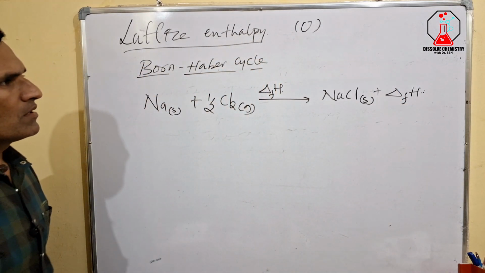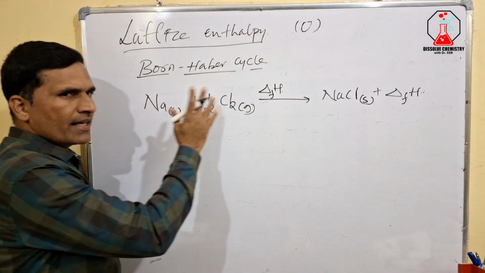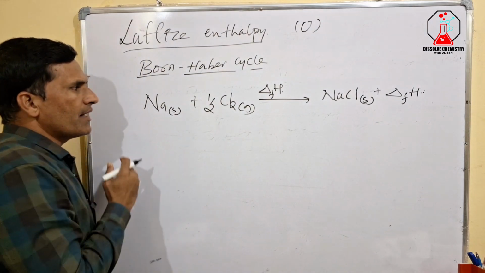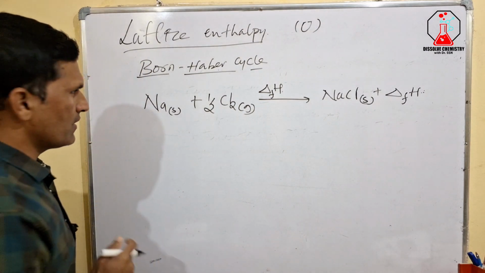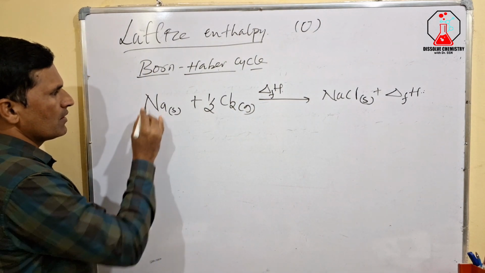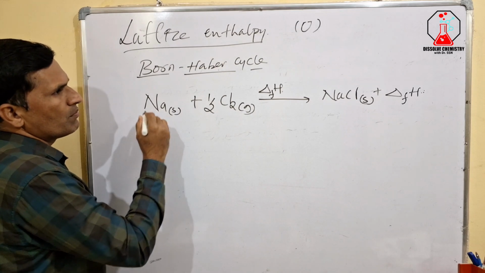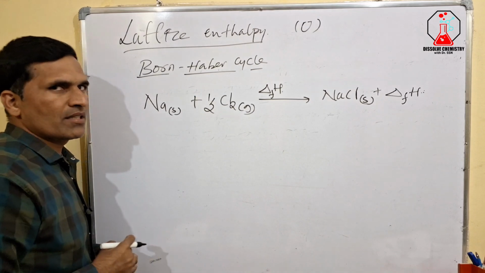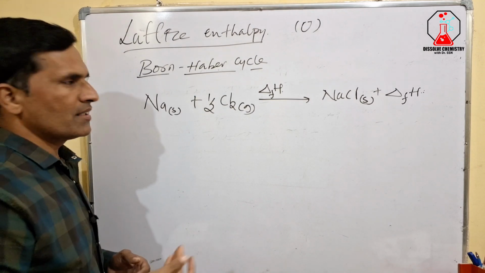Right. So now this change in energy we can get indirectly. Let us see that in multiple steps. Already we have defined lattice enthalpy as the combination of gaseous ions.